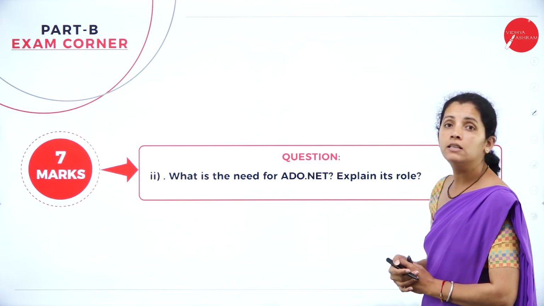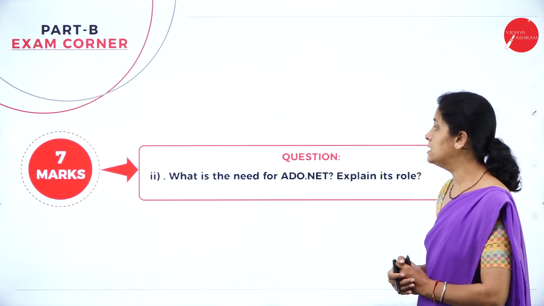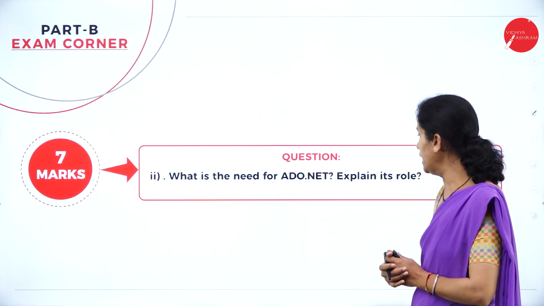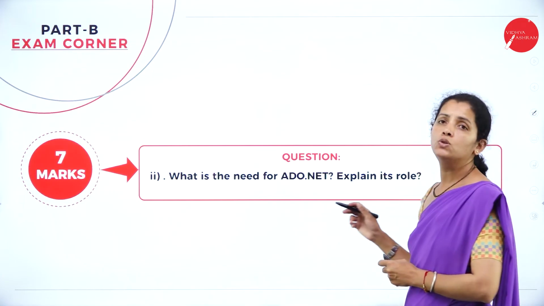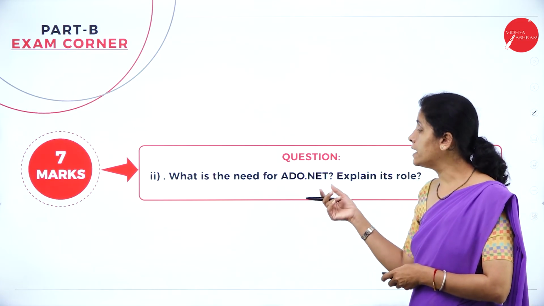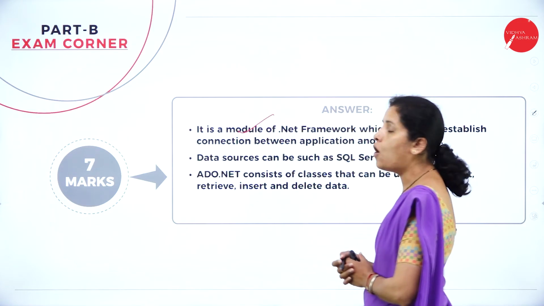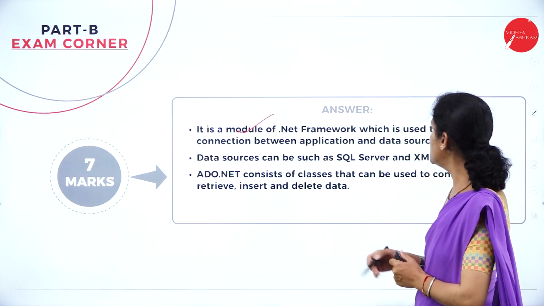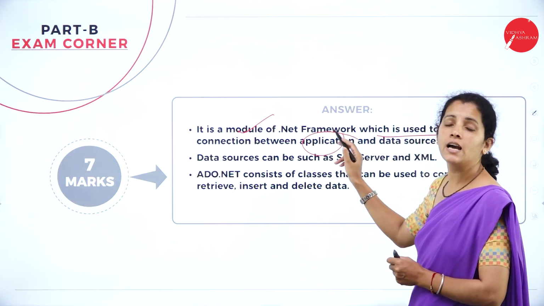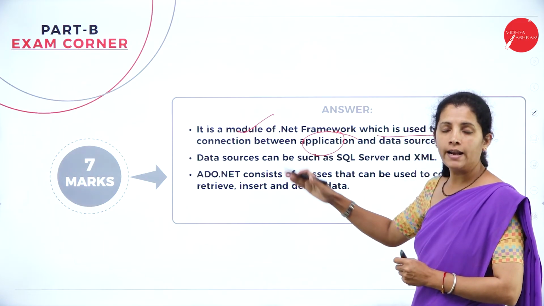Dear student, the last question under 4th unit here is, what is the need for ADO.NET? Explain its role. So, what is ADO.NET? That is ActiveX Data Objects. It is a module of the .NET framework which is used to establish connection between application and database. Okay, I have the application and I have the database.